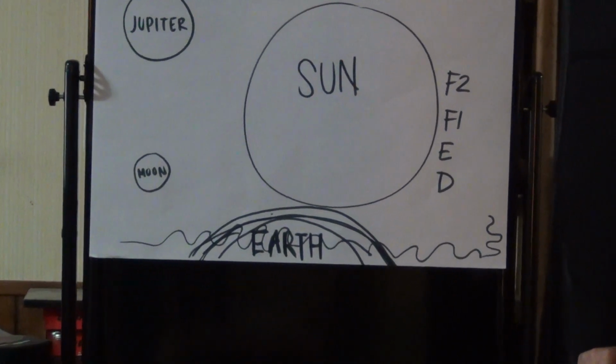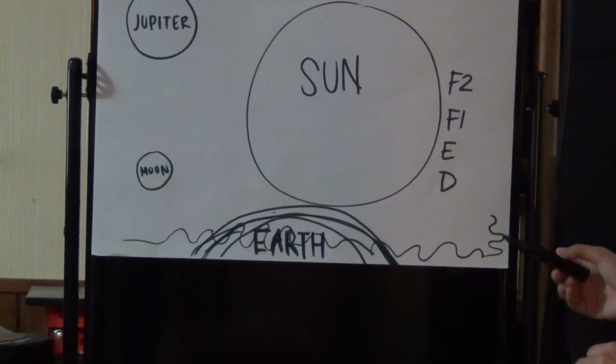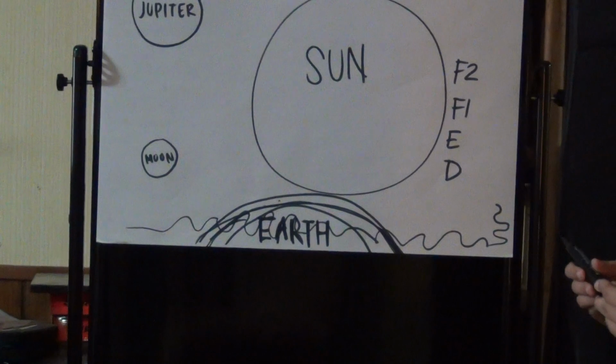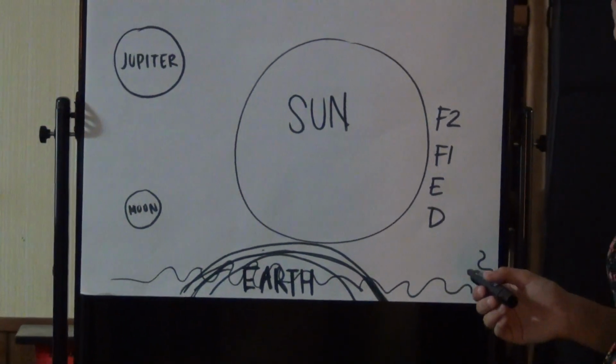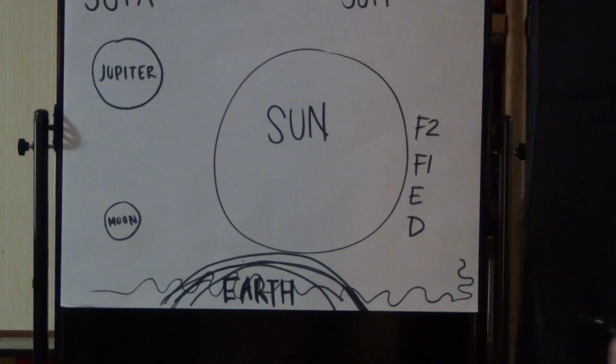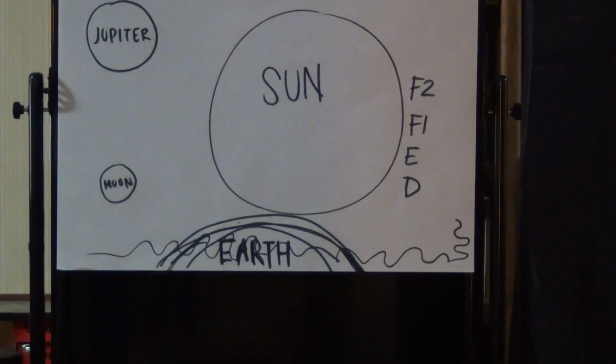The ionosphere is divided into segments. You have some other parts too, but I don't want to go over it too much. You have a stratosphere, and airplanes can fly in the stratosphere.